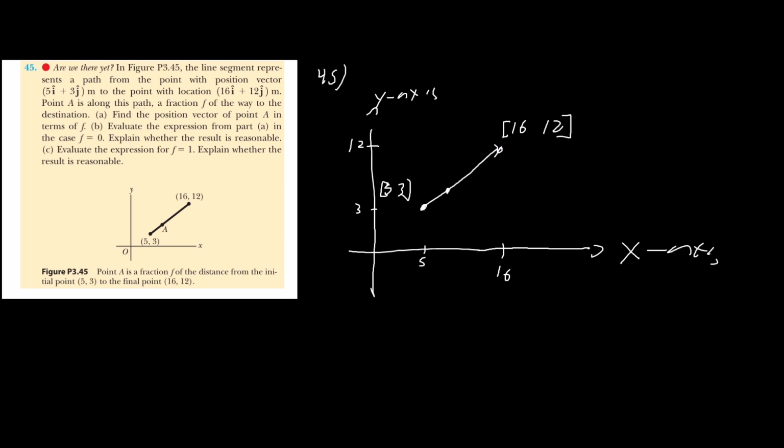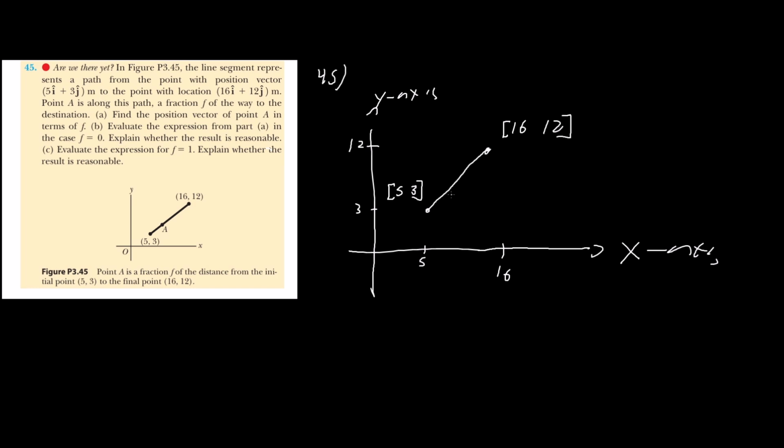Okay, so f is a fraction. So what we're going to be doing, and whether you guys learn this or not, you can figure this out. Think of vectors as a magnitude and a direction. This might be a little off the way I drew it. So there are the points, 5 and 3 and 12 and 16.